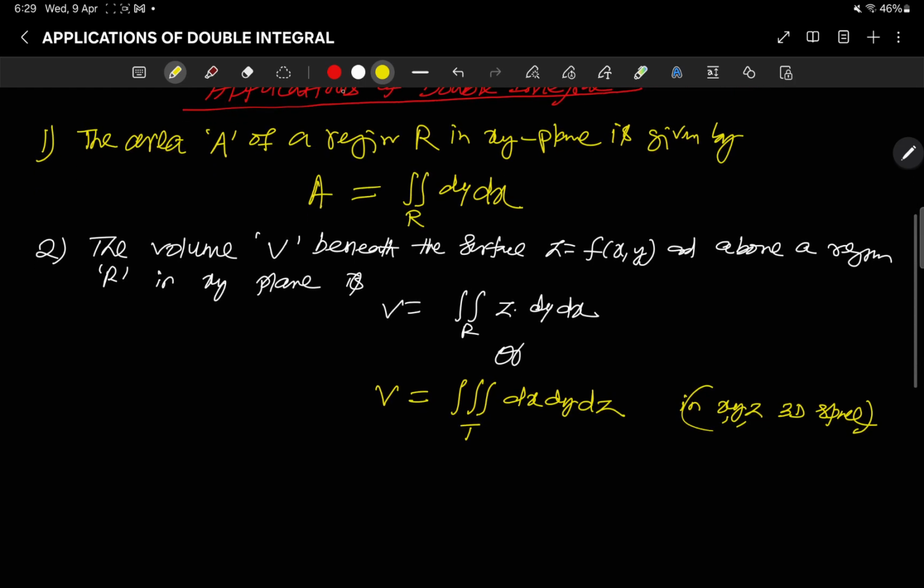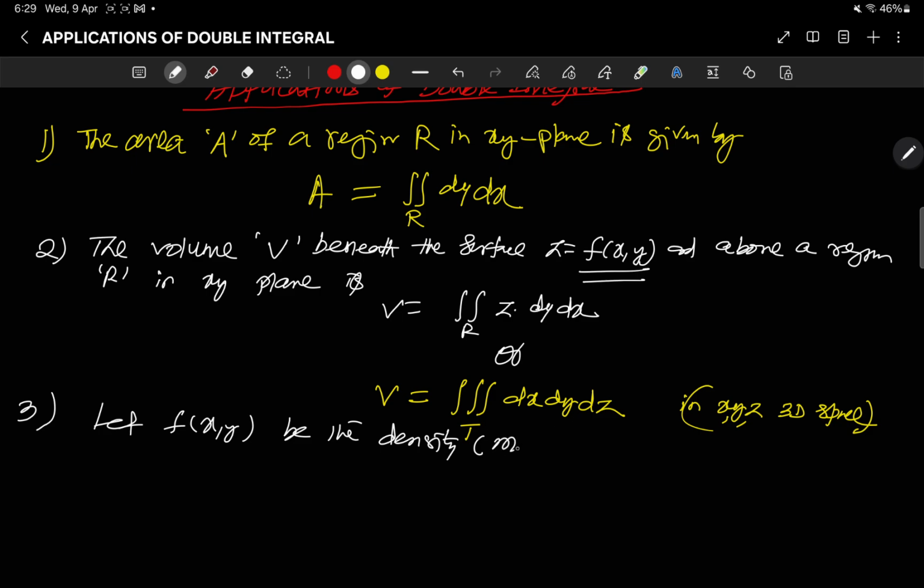Now coming to the third application, let f(x,y) be the density. Here the density means the mass per unit area, because you are talking about two dimensions.